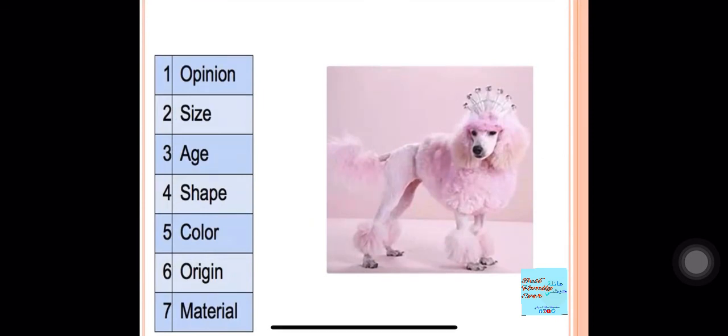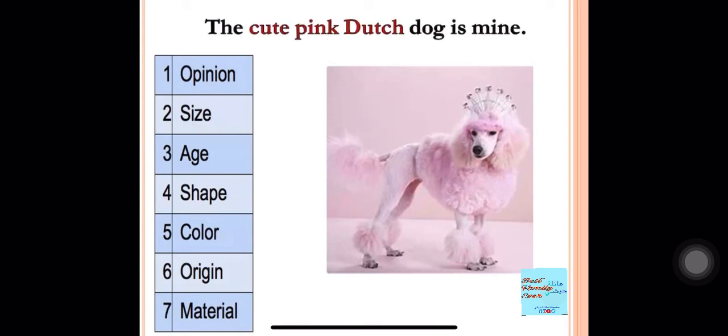Here are some other examples. Okay, the cute pink Dutch dog is mine. Cute is my opinion. All right, I see that this dog is cute. And then, do we have a size? No. Do we have age? No. Shape?